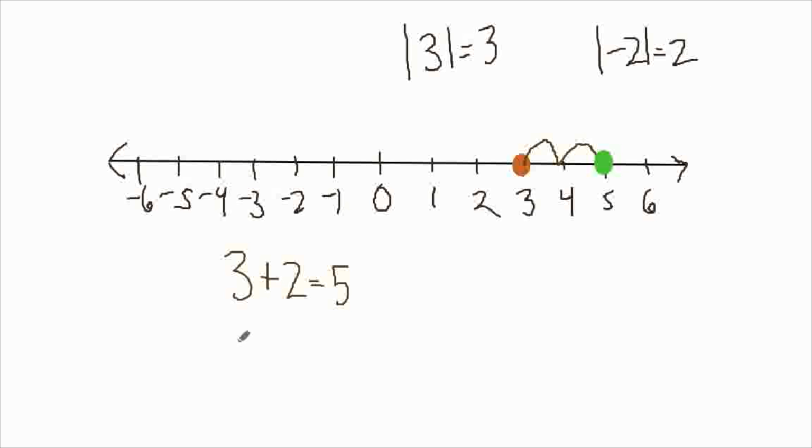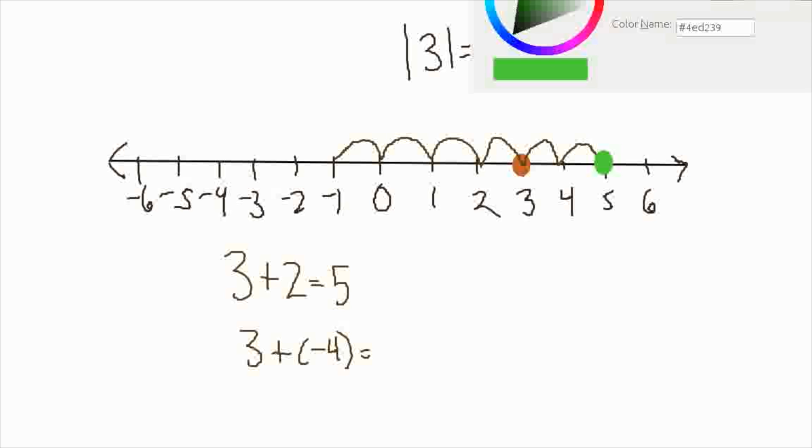What about if I was adding a negative number? Whenever I add a negative number, I want you to think about that I'm moving not to the right, but I'm taking a certain quantity of hops to the left. So adding a negative 4 means I'm going to take 4 hops to the left. So 1, 2, 3, 4.